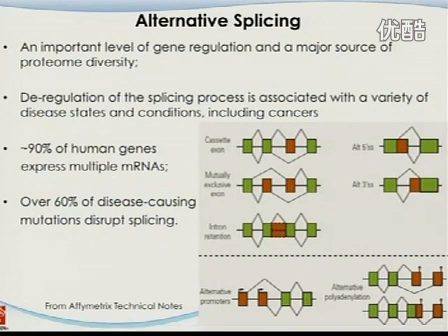And there are also other types. This is a mutually exclusive exon, and this is intron retention. So the middle part can be completely spliced out, or can be left in the final product. There are also two other types of events that you can consider alternative splicing events, but they are not happening at the splicing stage: alternative promoter, where the start of the gene can be different, or alternative polyadenylation, which means the end is different.